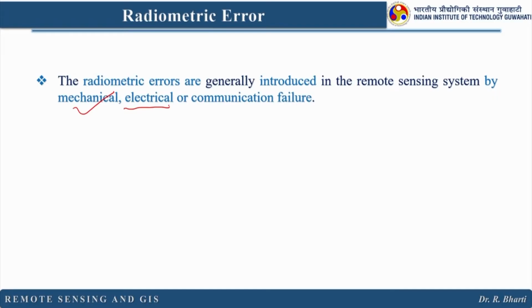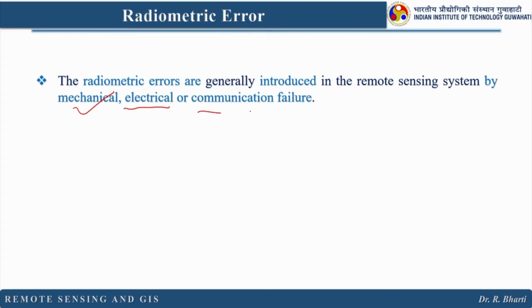Your image will be distorted. Then electrical, like if there is a power failure for a fraction of a second, or maybe only for a particular detector there was a power failure, then this may cause an error in your image, right. Then next is communication failure.